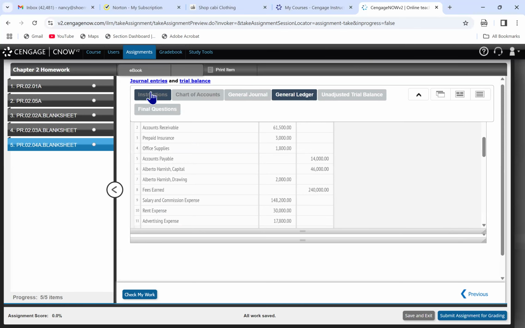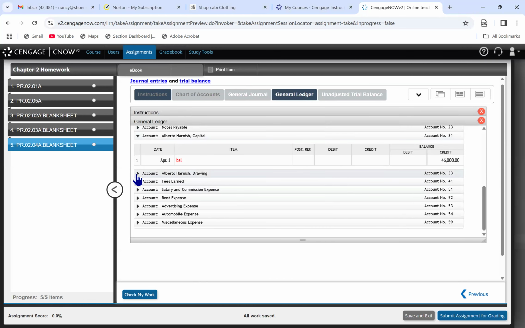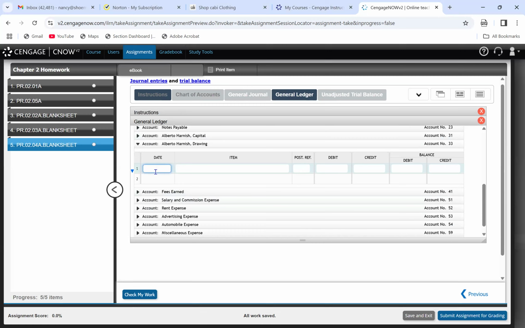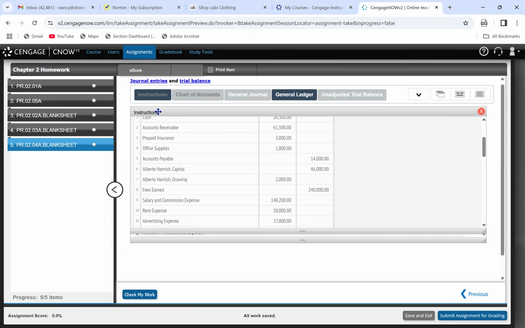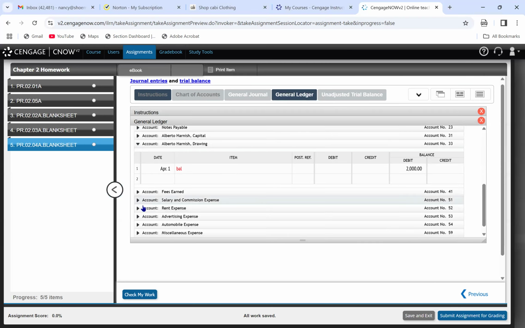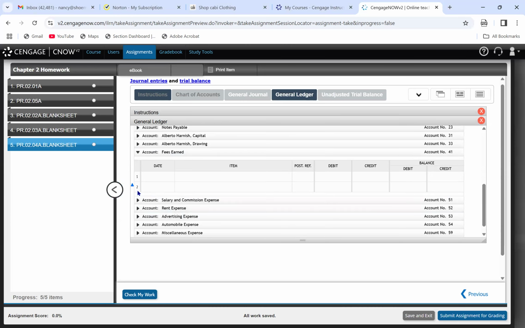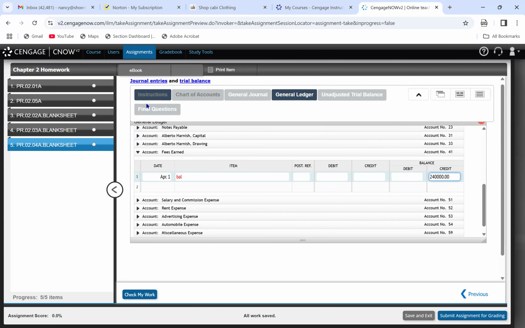Then we've got Alberto Harnish Drawing, 2,000. That is a debit balance. Then we've got fees earned of 240,000. Fees earned, balance, 240,000. Remember, that is a credit balance.